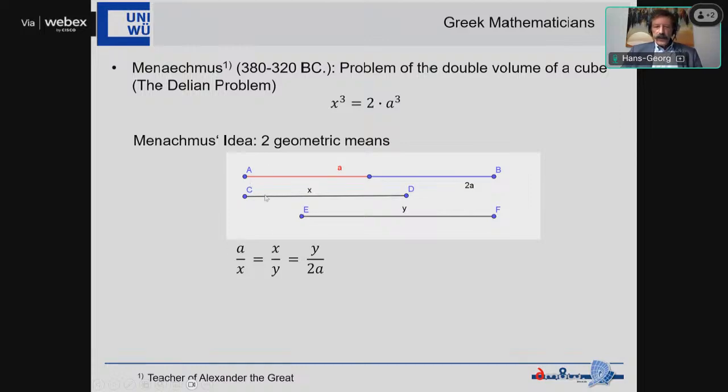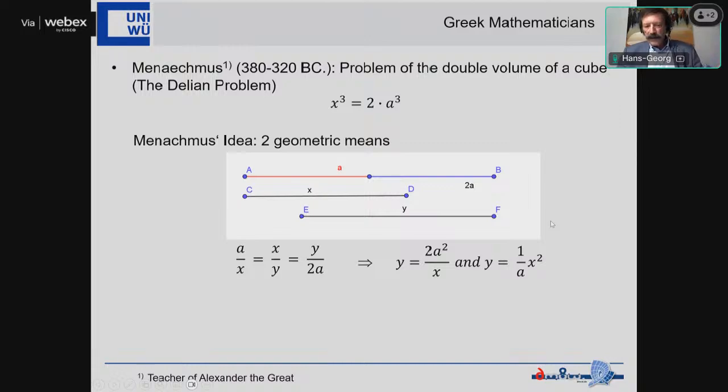It's a to x, like x to y, and the same here, and here is y to 2a. This was the idea of Menaechmus, and if you do this, you come to these equations, and you see this is a hyperbola, and this is a parabola.